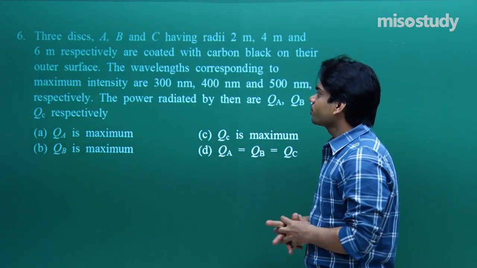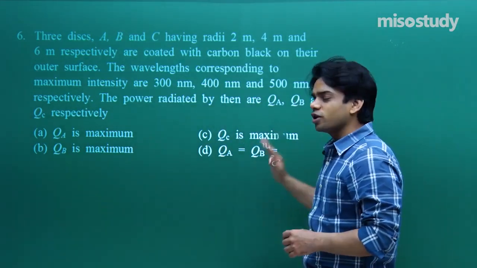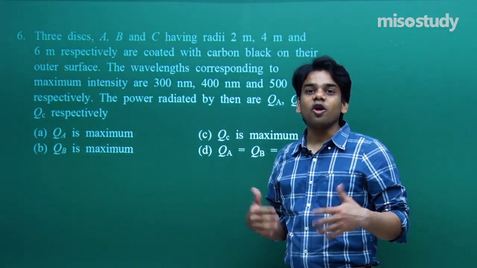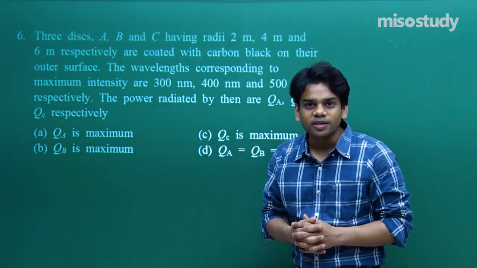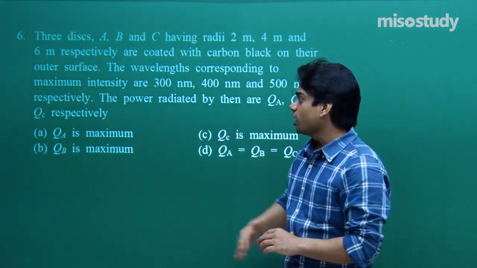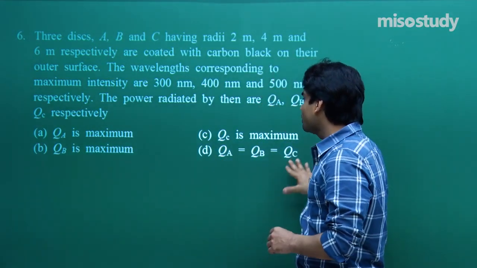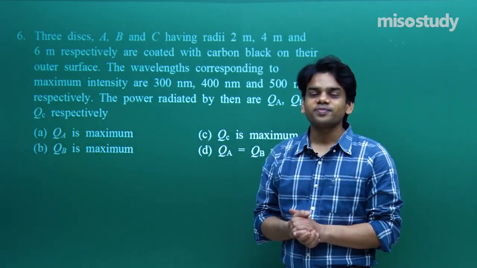Next, the power radiated by them are QA, QB and QC respectively. It's given that the rate of energy emitted, or the power emitted, is QA, QB and QC respectively. So option A, QA is maximum, option B, QB is maximum, option C, QC is maximum, and option D, QA equals QB equals QC.